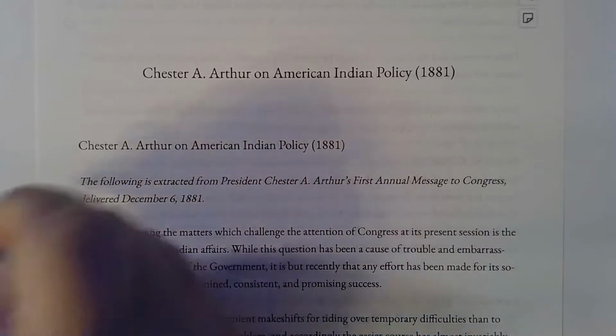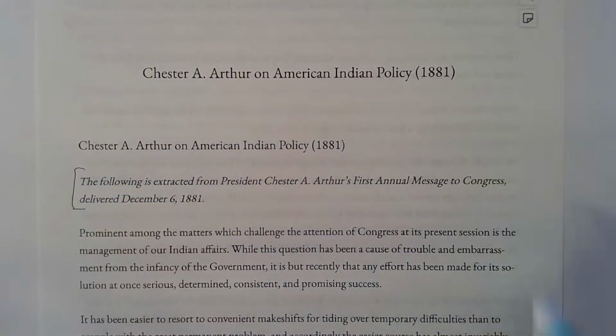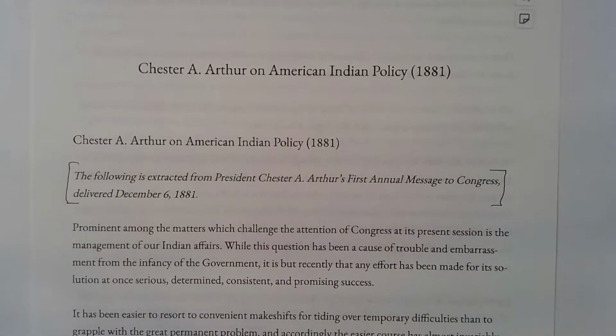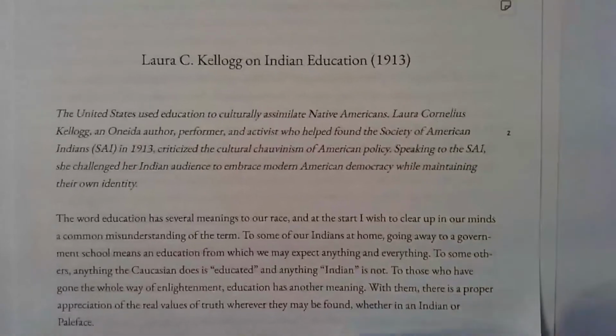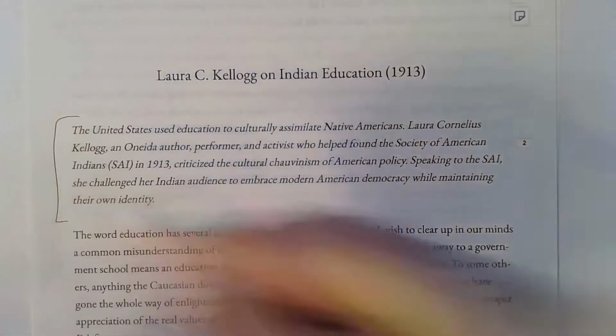So this is the introduction for this particular source, usually in italics right at the top. Let's look at another one just to give you another example. Here's another primary source, and here's the introduction.